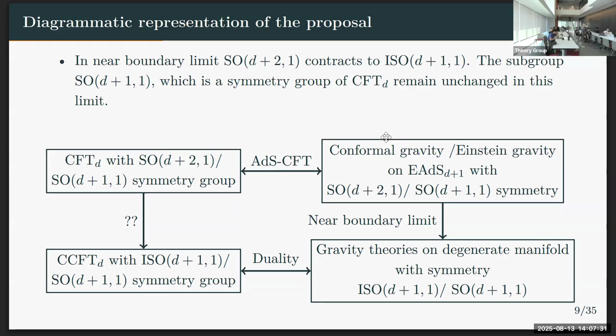Thank you for bringing that point up. Like you said, it doesn't make sense to talk about the bulk. All we have to do is the asymptotic symmetry. But these asymptotic symmetries will mix with the space-time symmetries of the CFT.